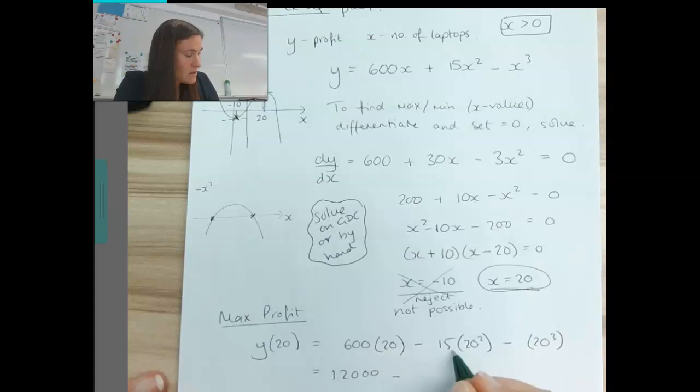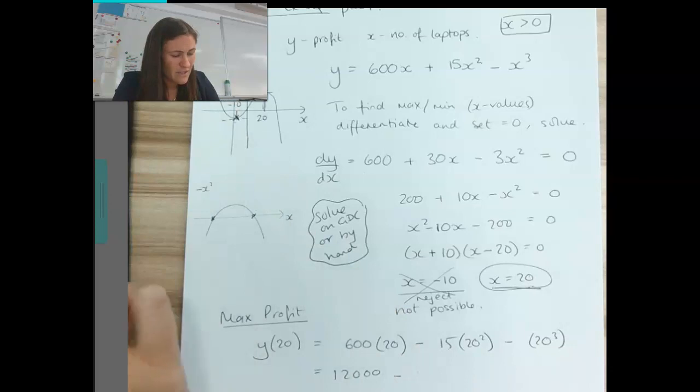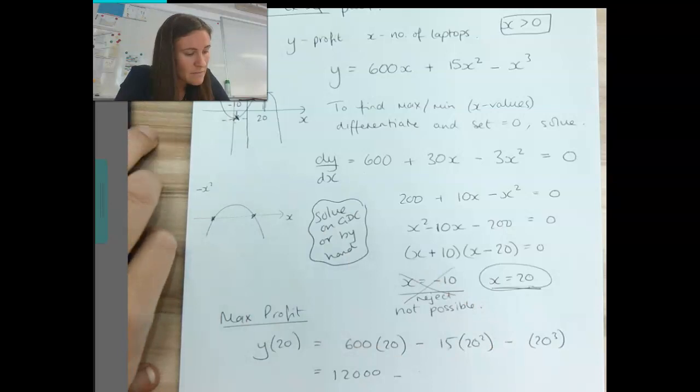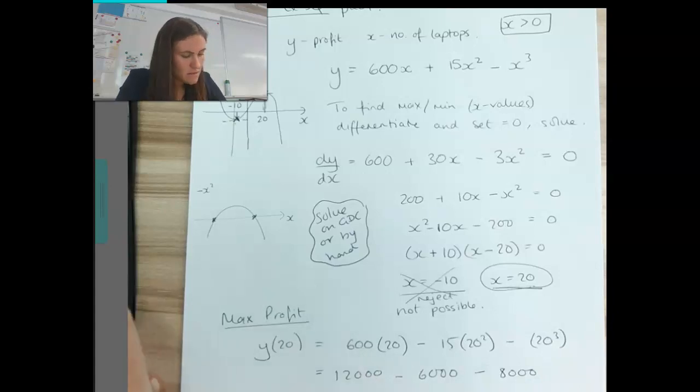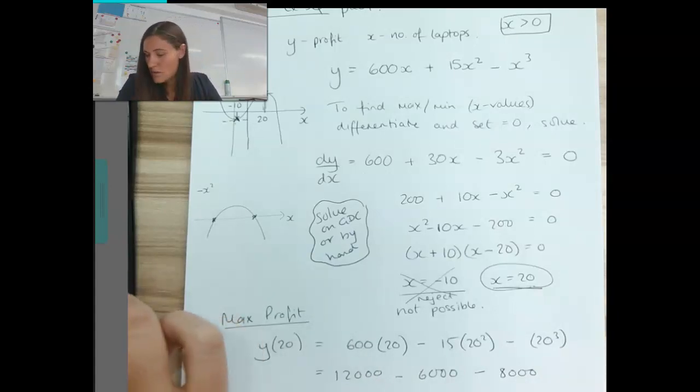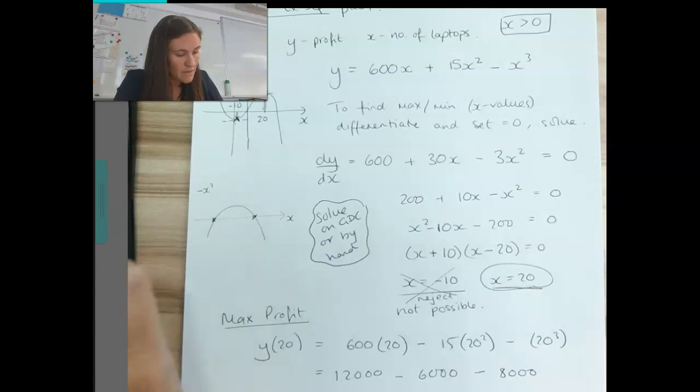20 squared is 400 times 15. I feel like I could definitely do it without a calculator, I'm being lazy. 6,000. 20 cubed is going to be, 2 cubed is 8, and then three zeros, 8,000. We've got 600 times 20, minus 15 times 20 squared.